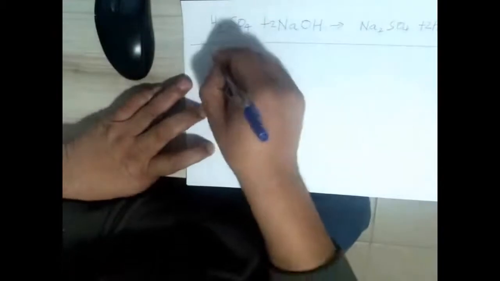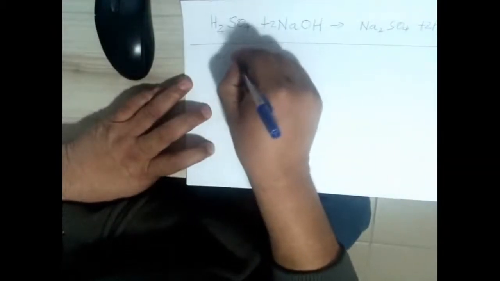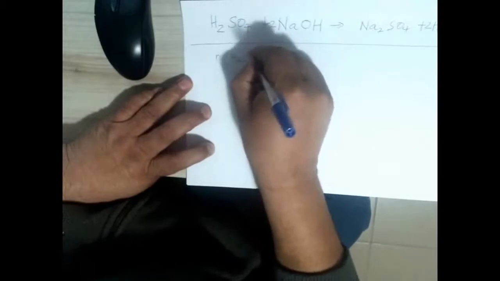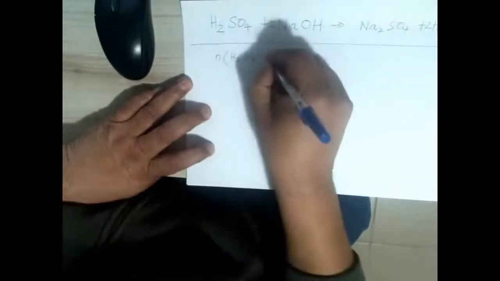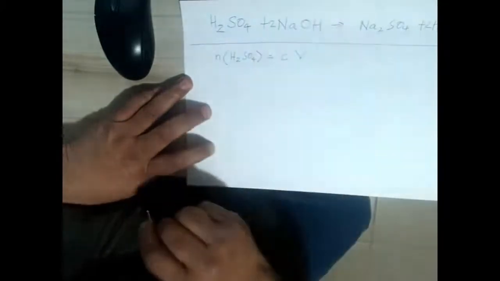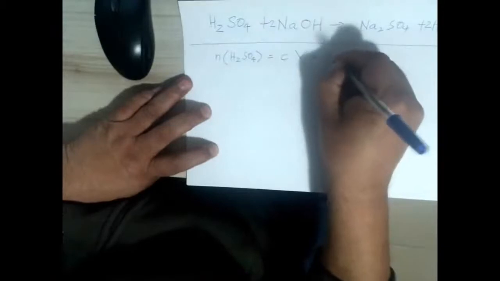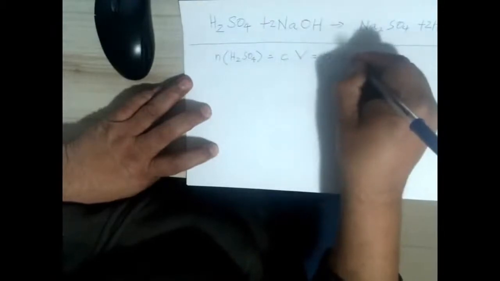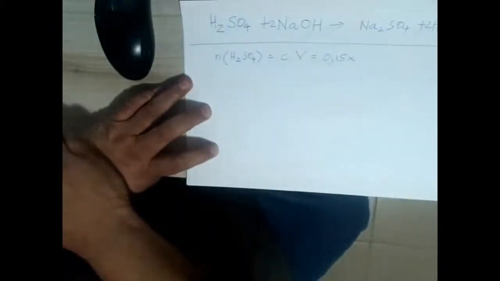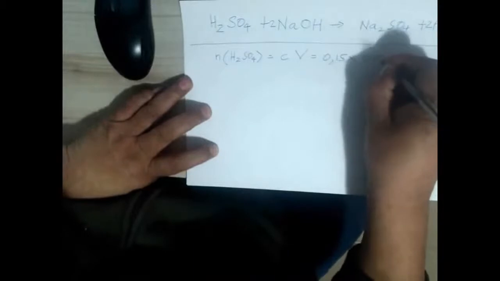Right, so moles of sulfuric acid is equal to concentration times volume, and the concentration is 0,15, and the volume is 24 centimeters cubed, which is 0,024.